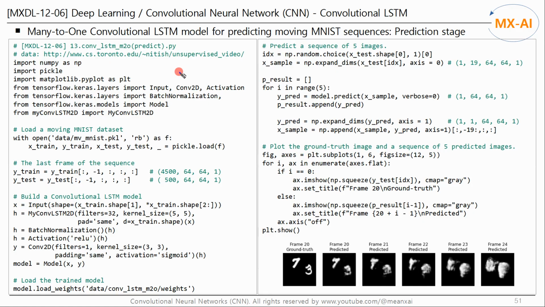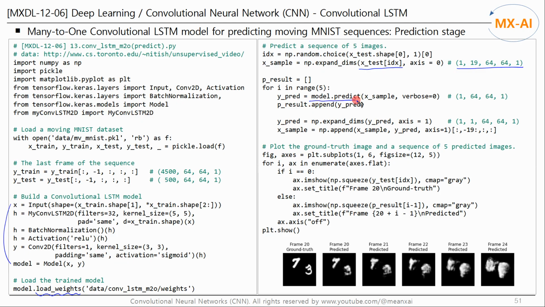Next, let's use this model to predict a sequence of images. Create the same model we used in the previous page and load the weights of the trained model. Select one sequence of images from the test data, make this a 5-dimensional array and feed it into the model.